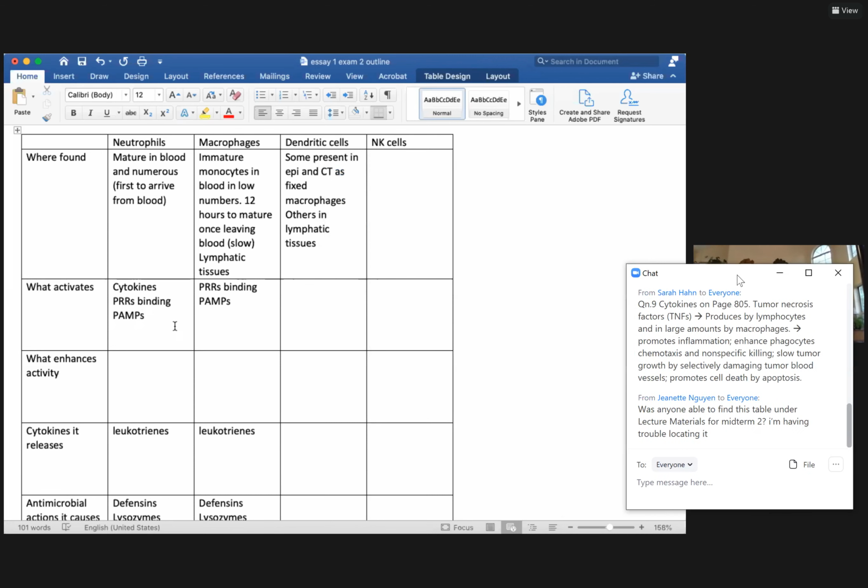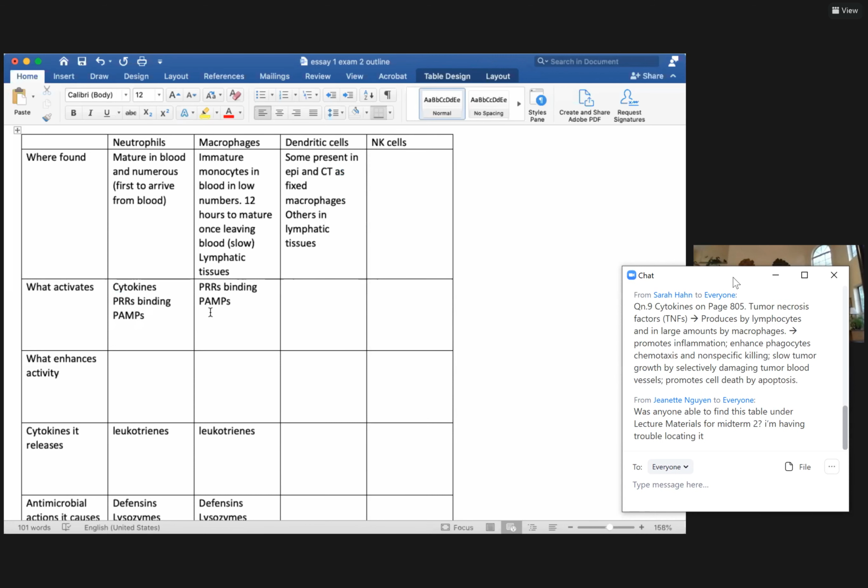Okay, so we did talk about what activates them, and in your compare-contrast, the idea that cytokines can activate neutrophils. Now, the cytokines that I brought up are the prostaglandins released by damaged tissues.